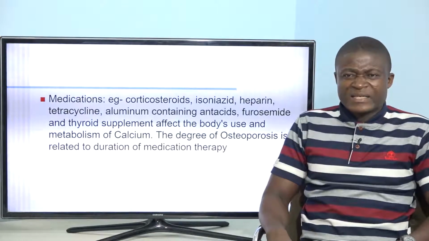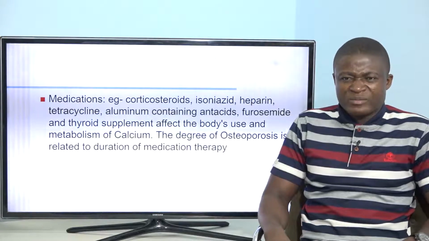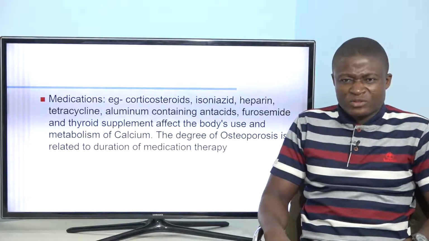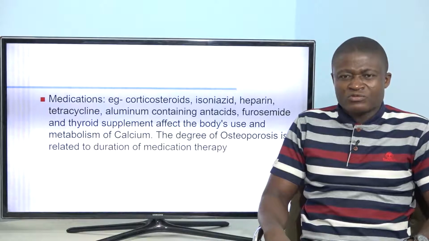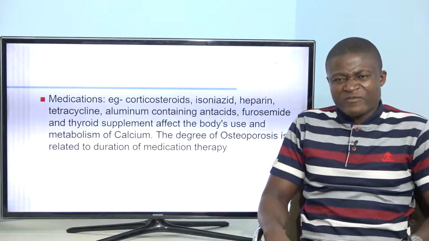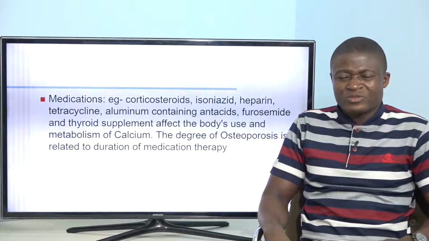Certain medications such as corticosteroids, isoniazid, heparin, tetracycline, aluminum-containing antacids, furosemide, and thyroid supplements affect the body's use and metabolism of calcium. The degree of osteoporosis is related to the duration and dosage of the therapy. So all these medications that I've mentioned will affect the body's ability to absorb calcium and to utilize it.